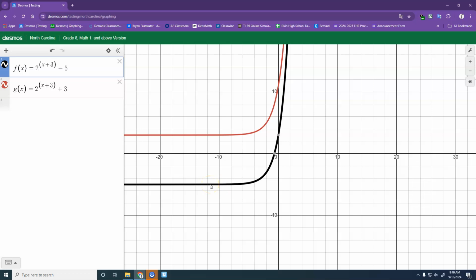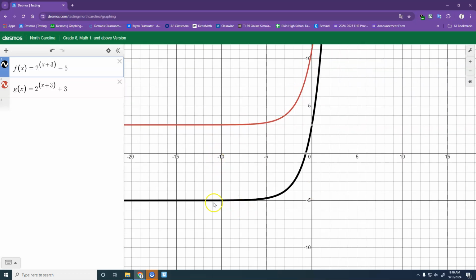What direction are you shifting it to get the red graph? It's going up, right? And the asymptote's the easiest thing to look at. Right here this is at -5, and up here it's at 3. So it went from -5 up to +3. That's 8 units.